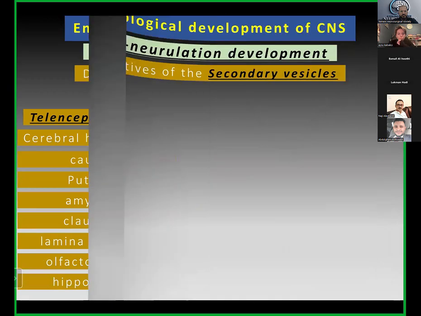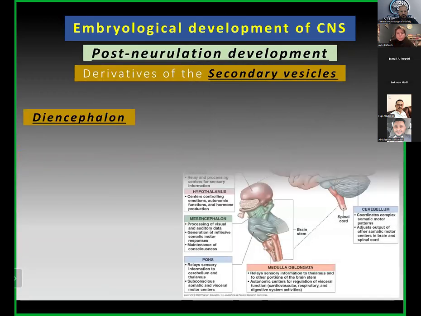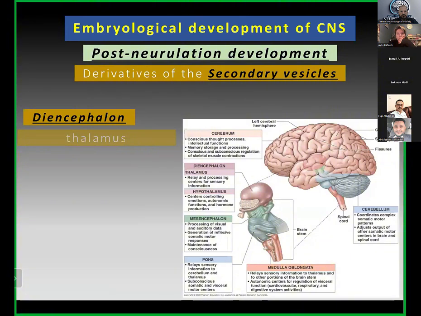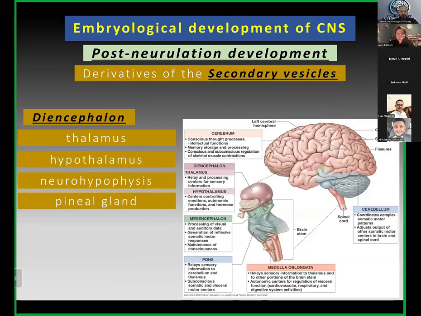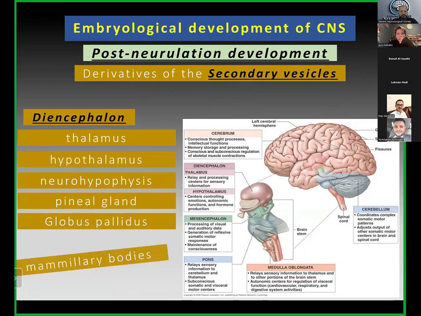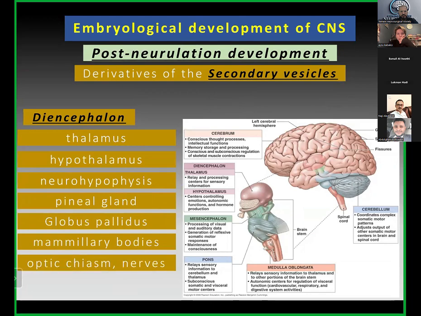While the diencephalon will form the thalamus, epithalamus, subthalamus, and the hypothalamus, and the neurohypophysis, pineal gland, globus pallidus, mammillary bodies, and optic chiasm and nerves, retina, epithelium of the iris, and ciliary body.